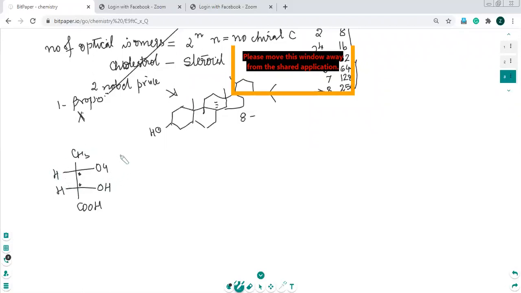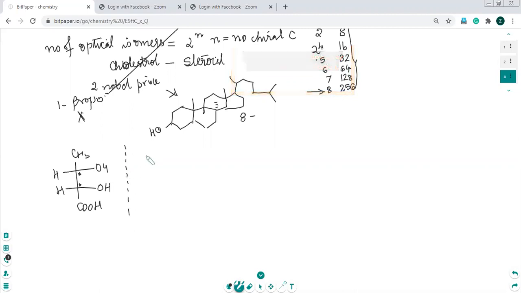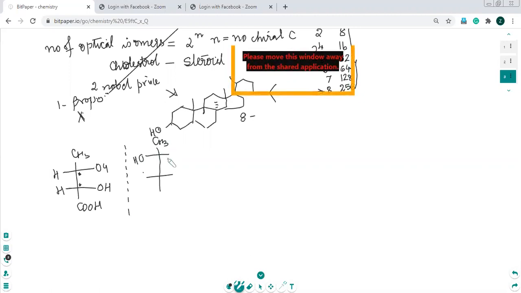Now, this will have a mirror image which is non-superimposable. So I can draw the second form of this: CH3, OH, H, OH, H, and COOH.